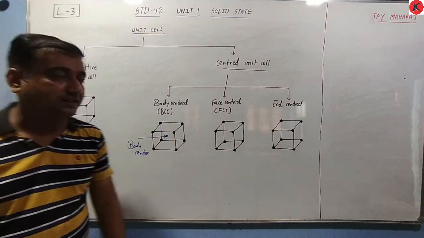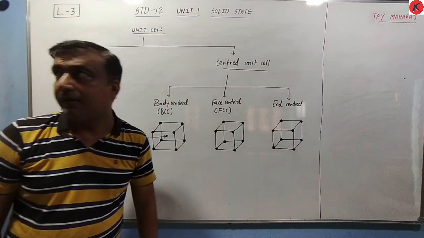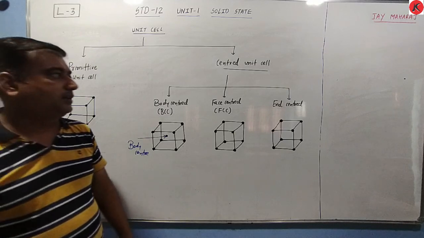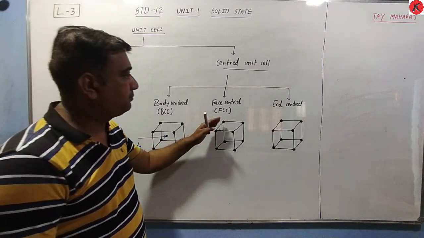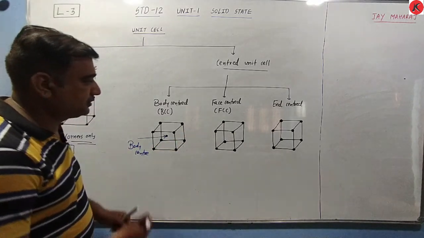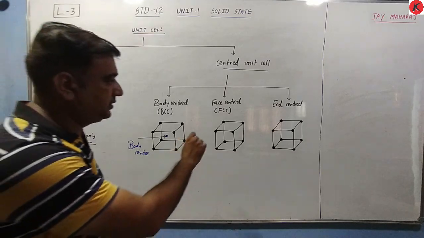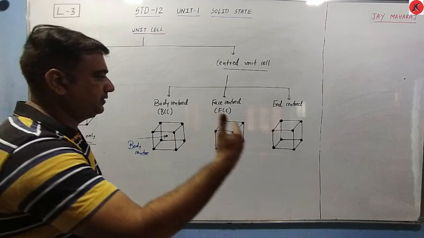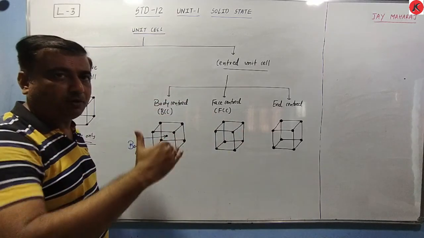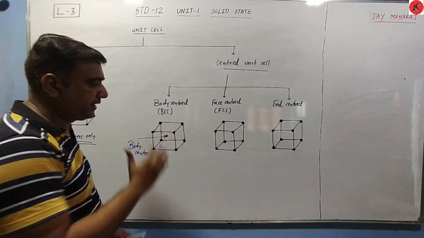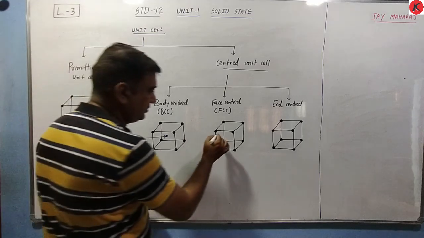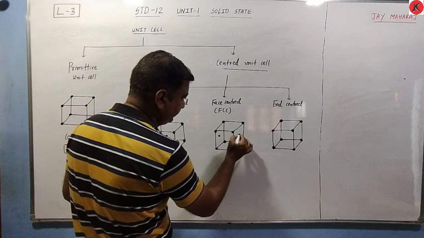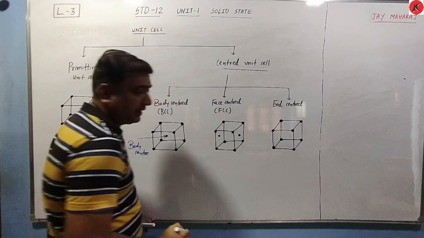In case of face centered, additional constituent particles are present at face centers. This cubic unit cell has 6 faces: left side, right side, top, bottom, front and back side.